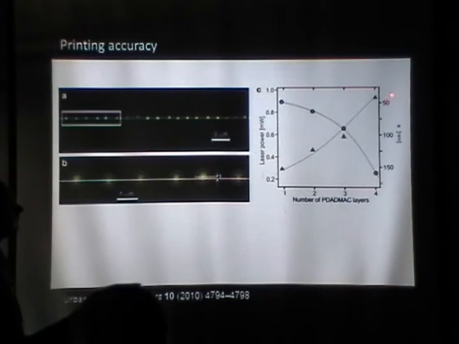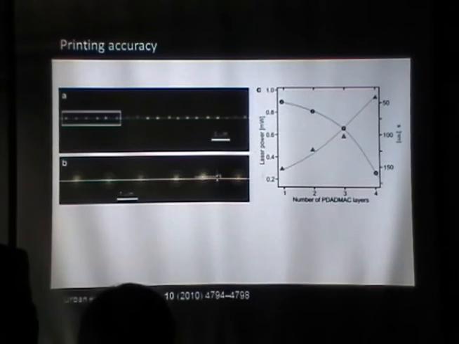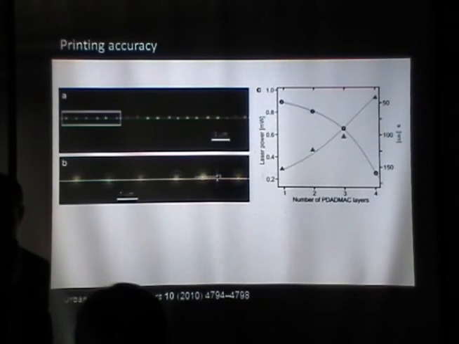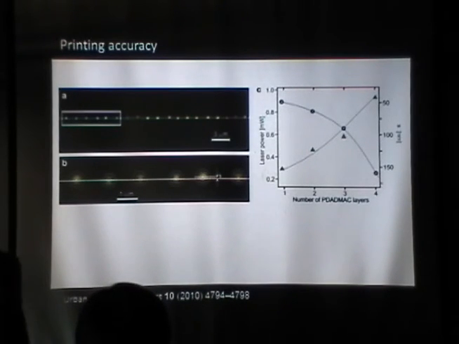But in the best cases, we can get an accuracy of 50 nanometers, which is quite good for such a simple method, considering the diameter of the nanoparticles is 80 nanometers. And I think this can be improved at least 5 to 10 times very easily.